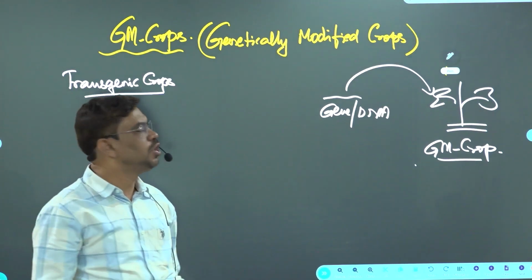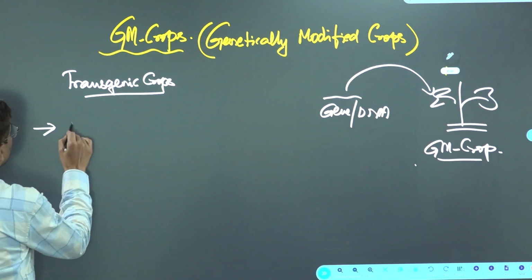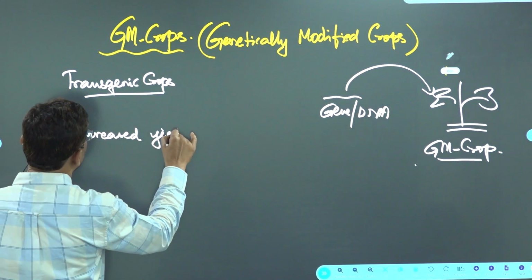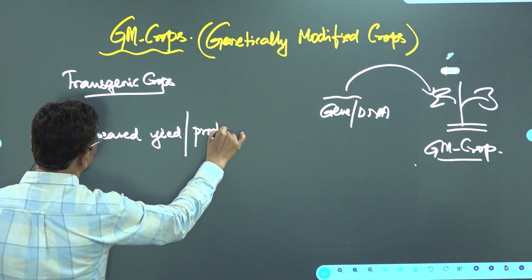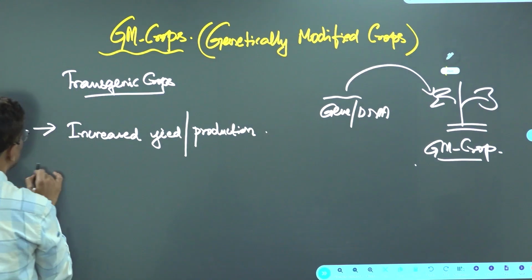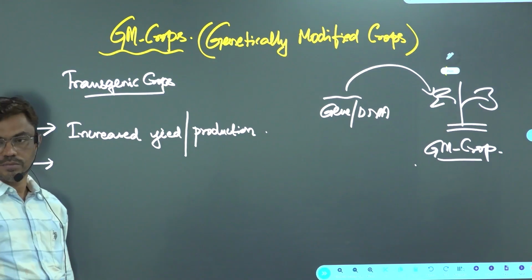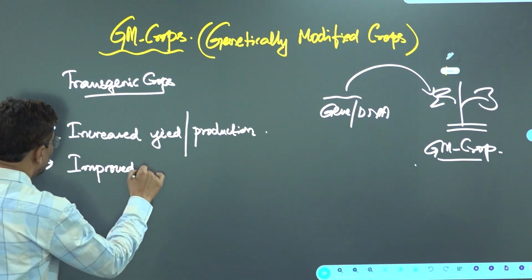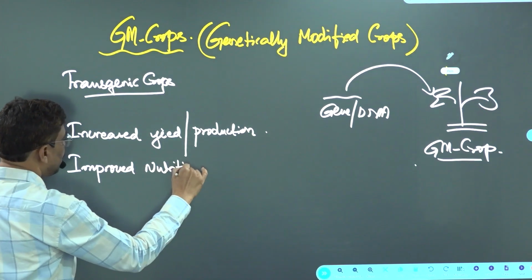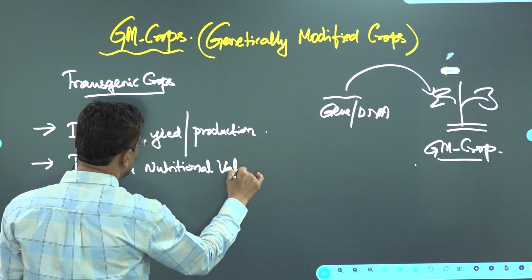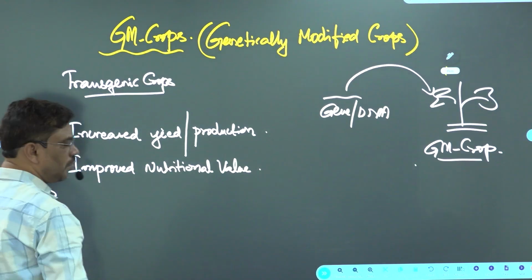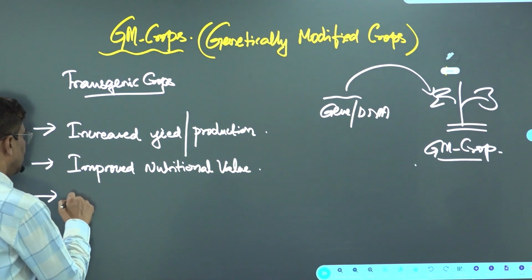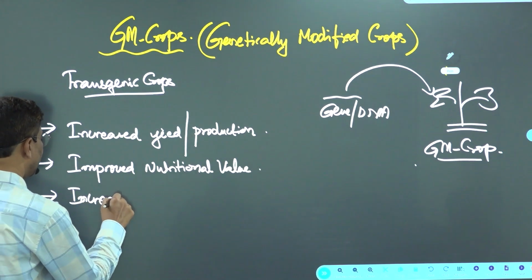What are the benefits of these GM crops? Increased yield or increased production. Improved nutritional value. That means the nutritional value of the crops can be increased, and we can increase the shelf life.